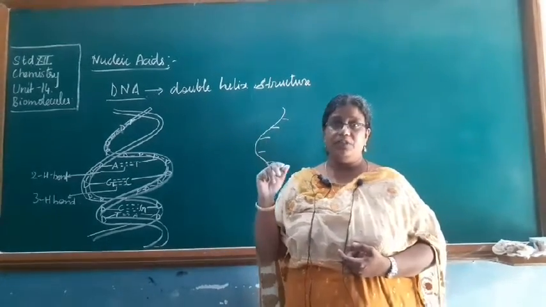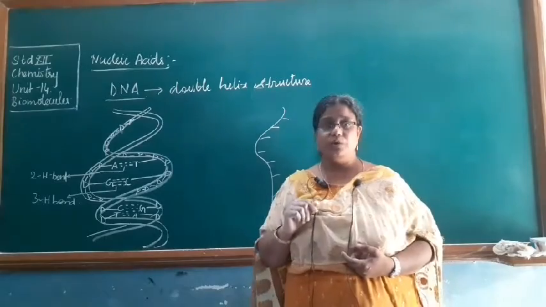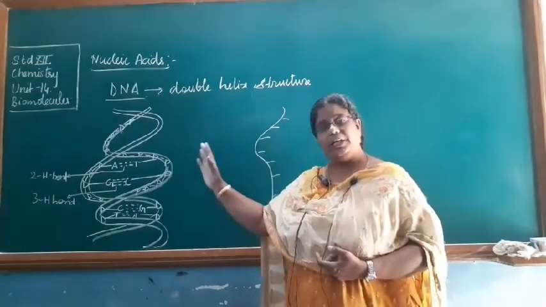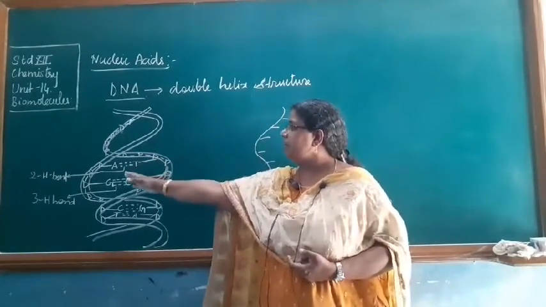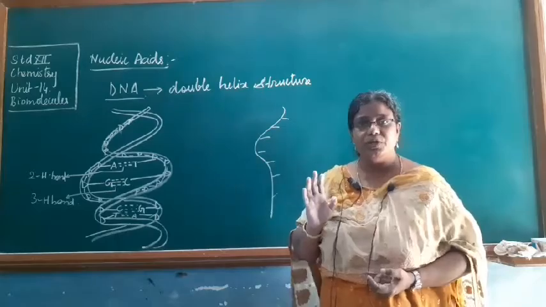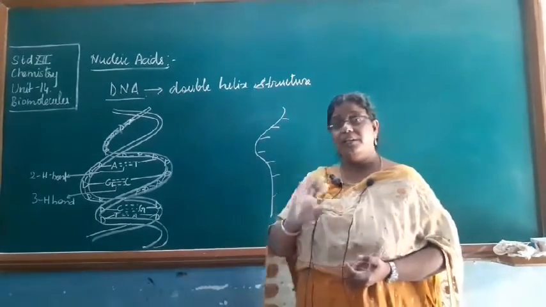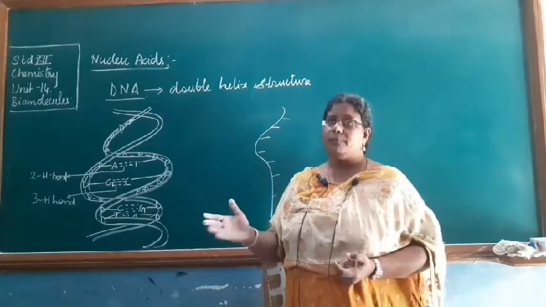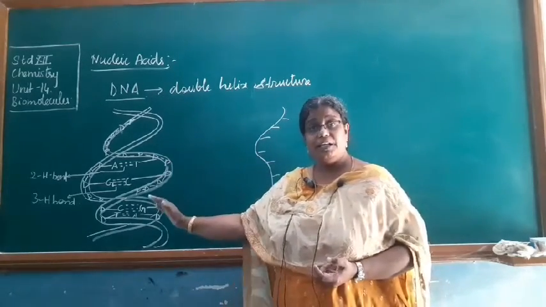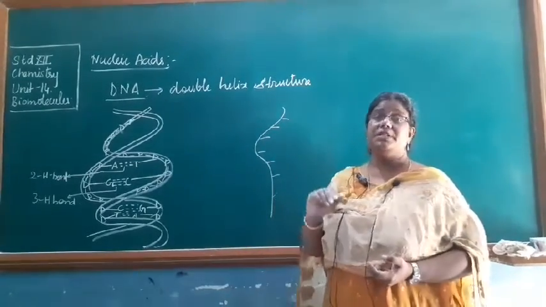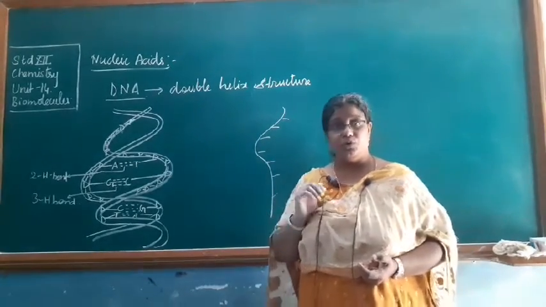DNA has 2 strands, while RNA has only 1 strand. DNA will have a pairing principle where adenine will be bonded to thymine and guanine will be bonded to cytosine, while in case of RNA there is no pairing principle since it is a single strand. The sugar present in DNA is 2-deoxyribose, while the sugar present in RNA is the ribose sugar.